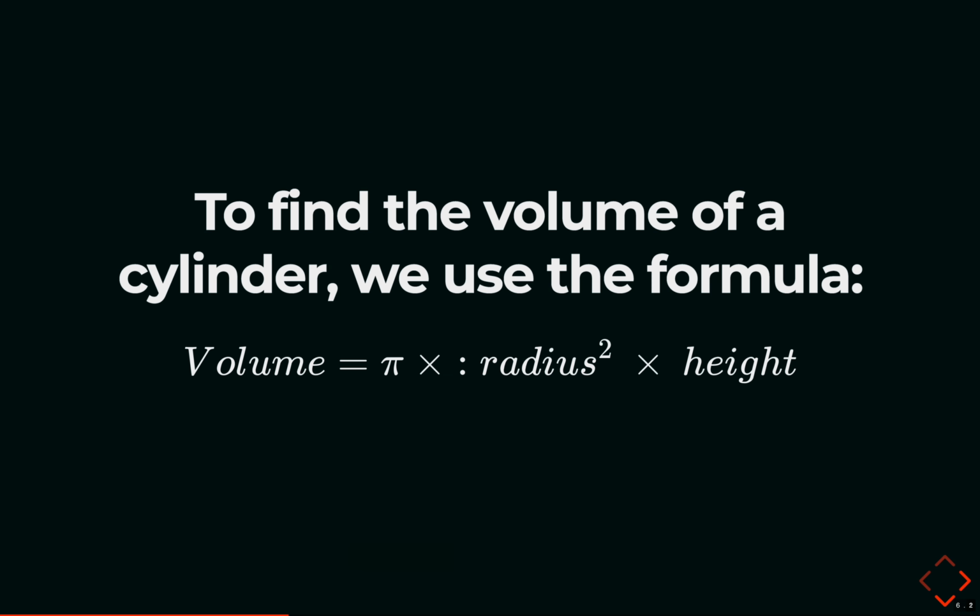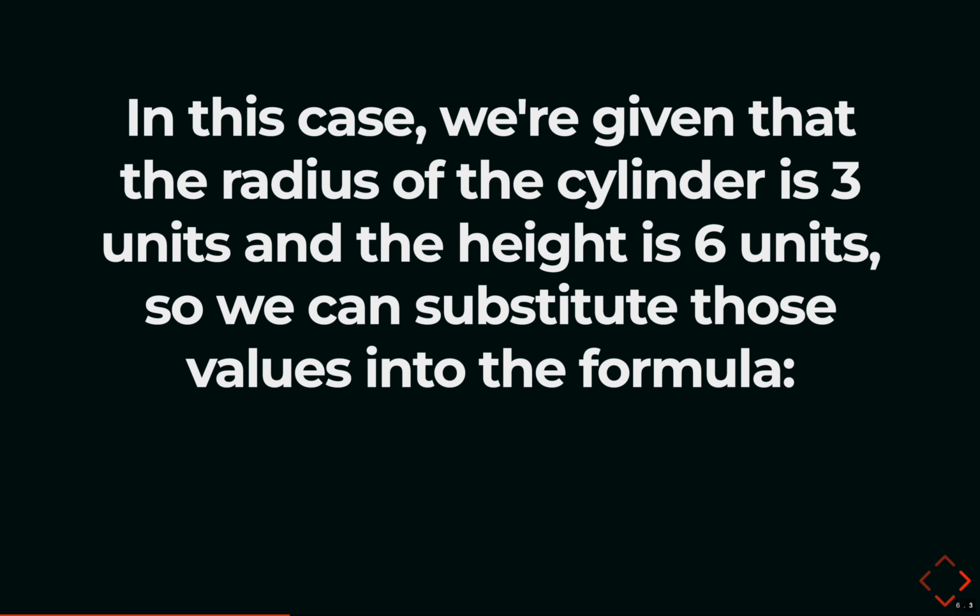To find the volume of a cylinder, we use the formula volume equals pi times radius squared times height. You guys remember these formulas? In this case, we're given that the radius of the cylinder is 3 units and the height is 6 units. So we can substitute those values into the formula. Volume equals pi times 3 squared times height.